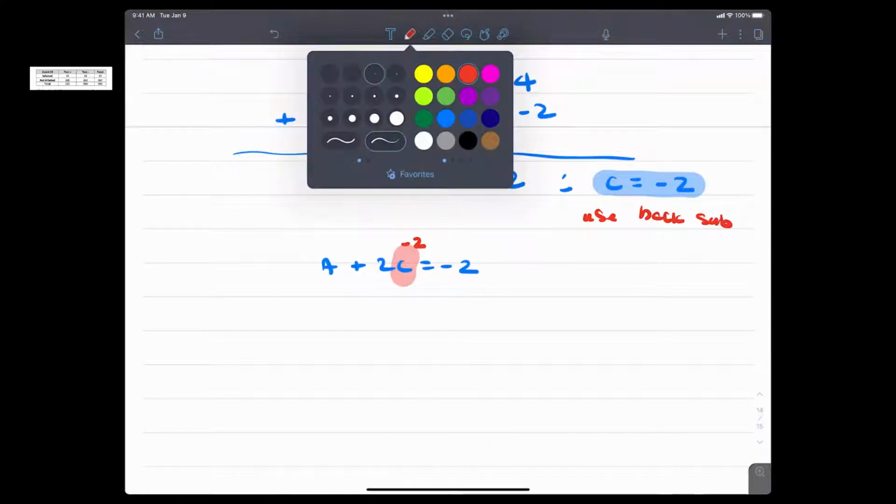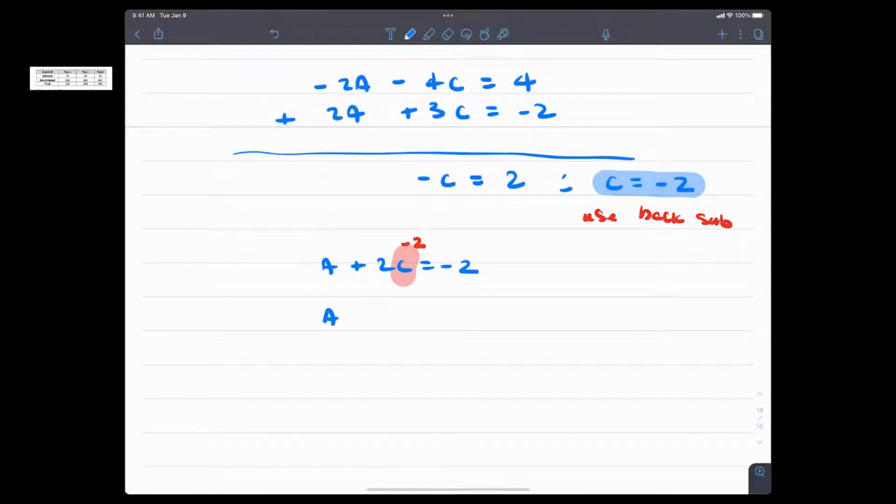I get a nice a: a minus 4 is negative 2. Our a will be 4 minus 2. What does that mean about a? 2. Okay, so a is 2, c is negative 2.